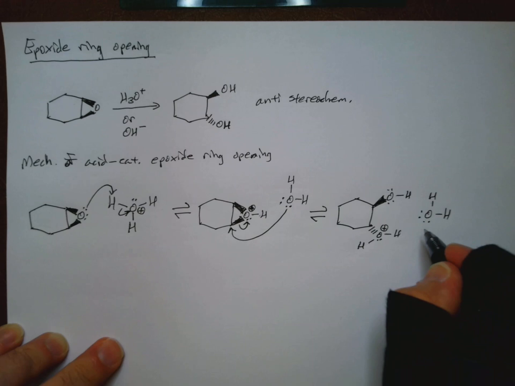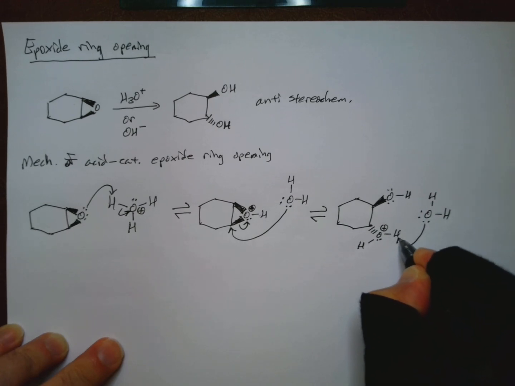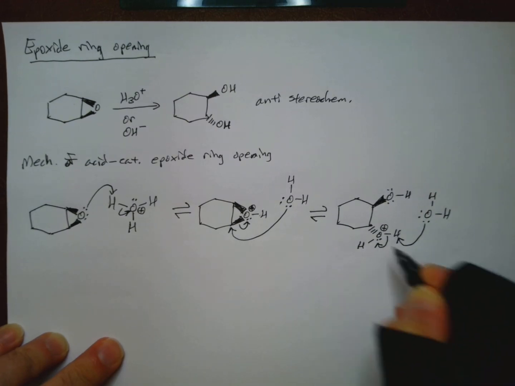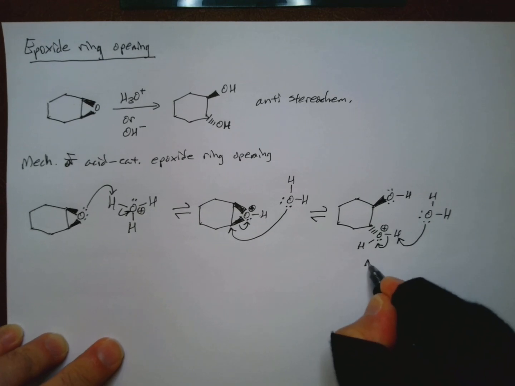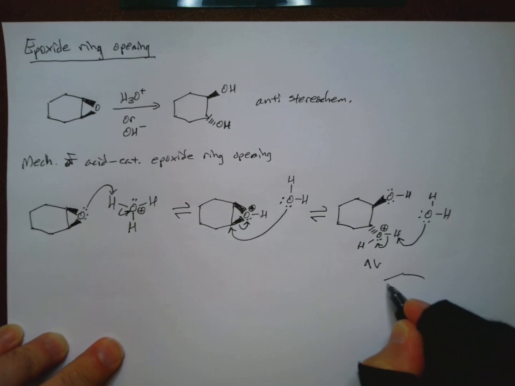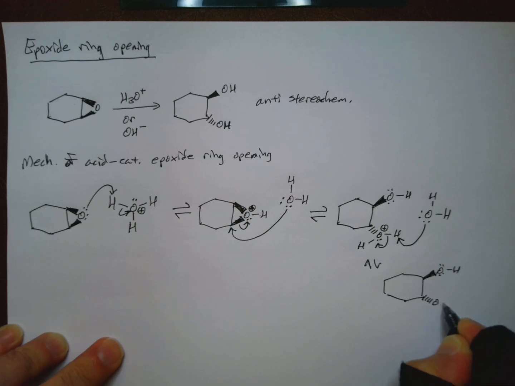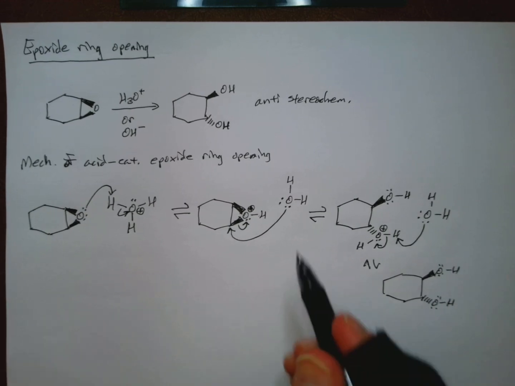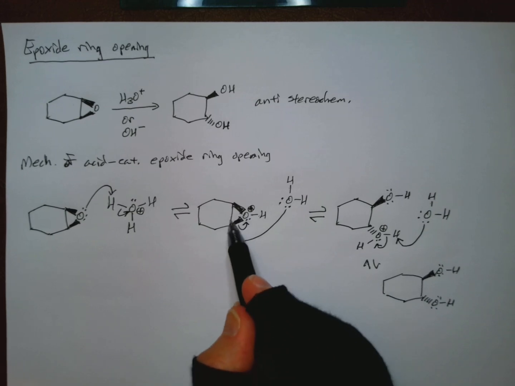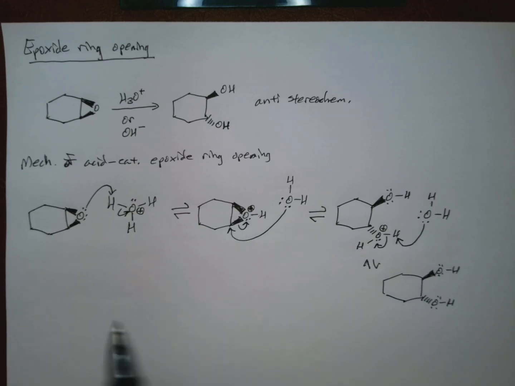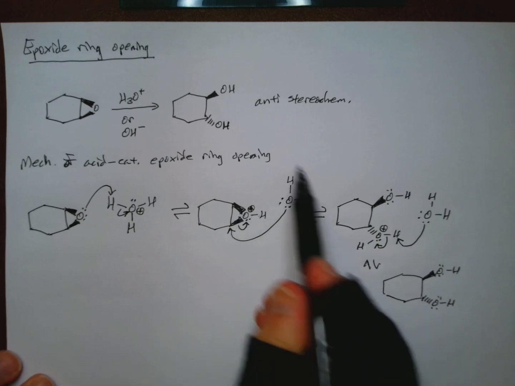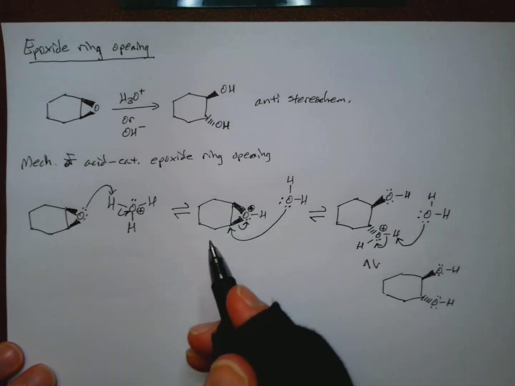And we'll have a final proton transfer, and that will give us our final product. Now, we could have attacked at either of these carbons, and if we attacked at the other one, we'd end up getting the enantiomer.